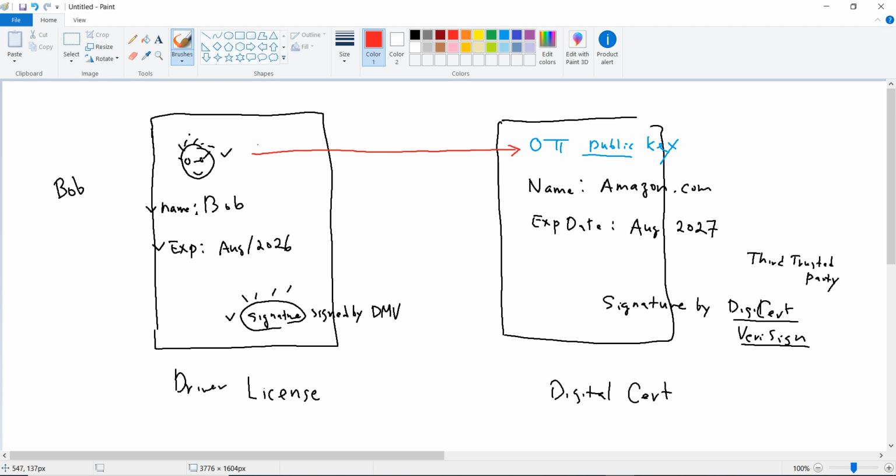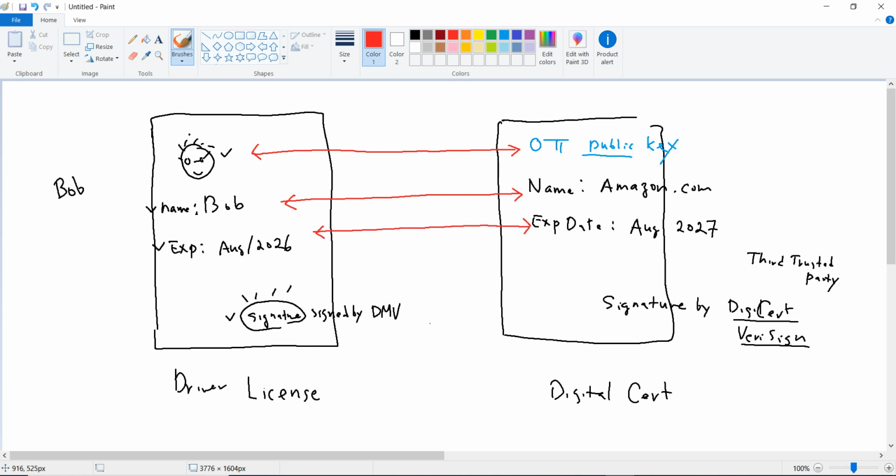This picture can map to the public key. And the name, Bob, maps to the name Amazon.com, the domain name. And of course, the driver license has an expiration date, and so does the digital certificate.